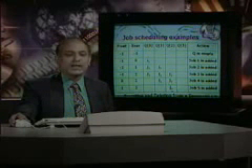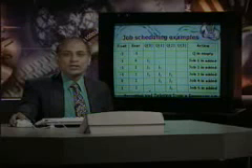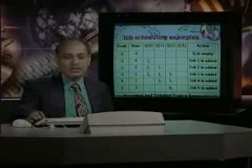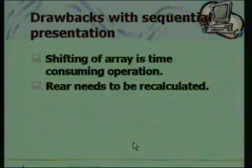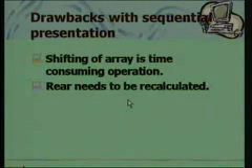And that is what I was talking about, that the sequential representation is not very ideal. Now what do you have to do? You have to keep on shifting the elements in this sequential representation. So one important drawback is that all the time we have to shift the elements. Shifting is a time consuming operation, and each time you have to shift, there is no other alternative, because otherwise your queue is not fully utilized.